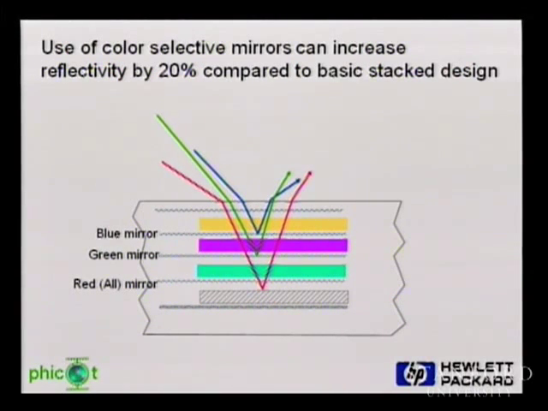And then I don't want that blue light to go any further in the stack. So now I have sort of a dichroic mirror that's going to reflect the blue back from that interface, and it doesn't go through the rest of the stack, and so on with the different layers. And by doing that, I can gain back about 20% of the loss that I have if the light passes through the entire stack.